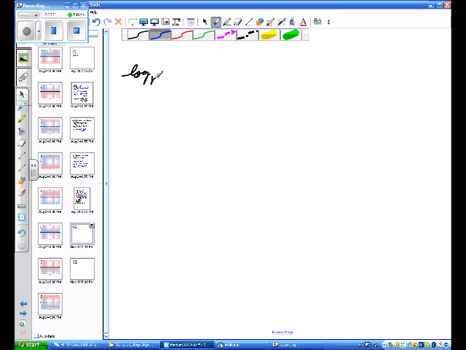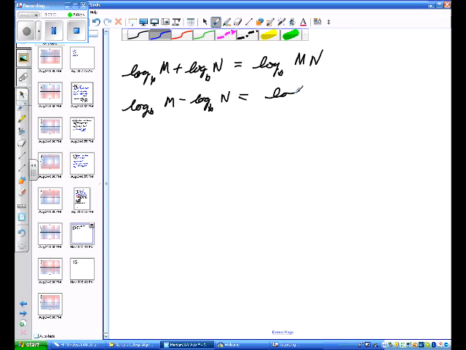If you've got the sum of two logs, log base b of m plus log base b of n, the sum of two logs is equal to the log of the product. If you've got the difference of two logs, log base b of m minus log base b of n. Now the bases had to be the same, so the difference of two logs is equal to the log of the quotient.